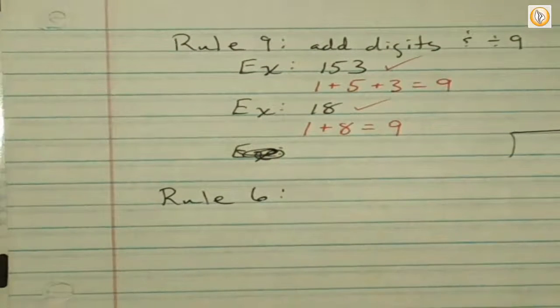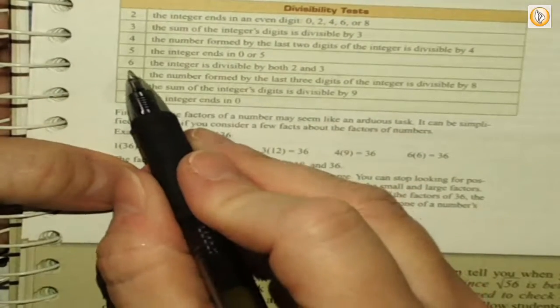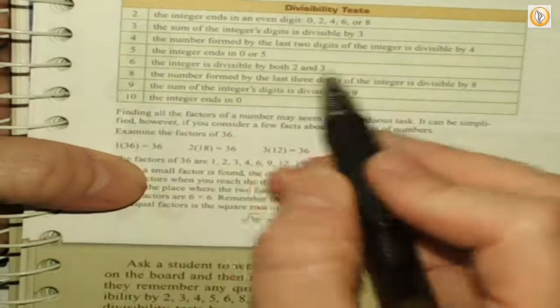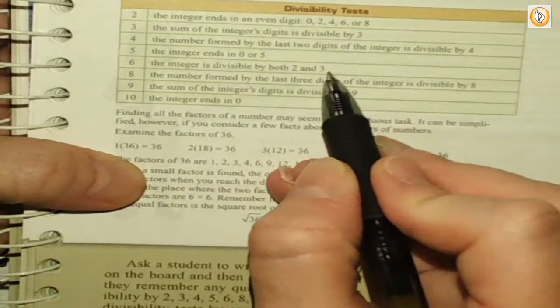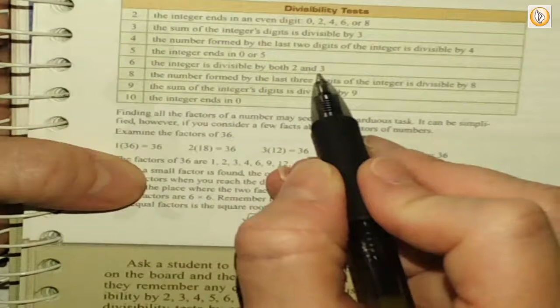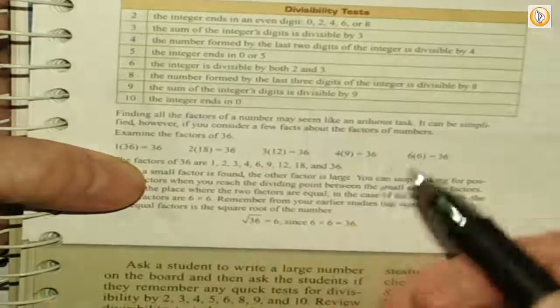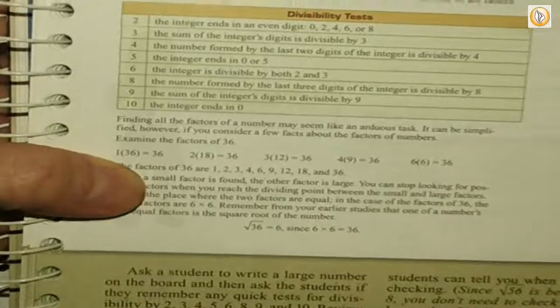The rule for 6, a number is divisible by 6 if it's also divisible by 2 and 3. And like 5, if it ends in 0 or 5. 4 is weird and 8 is weird. So anyway, I gotta move on.